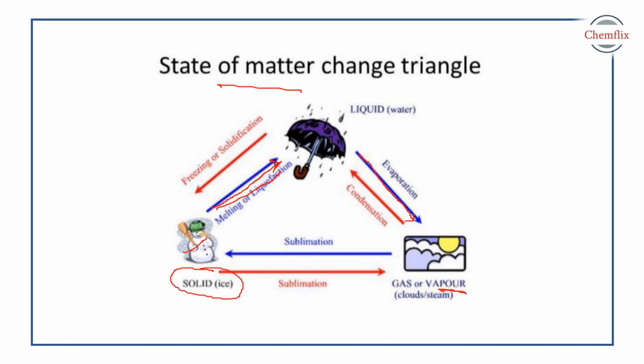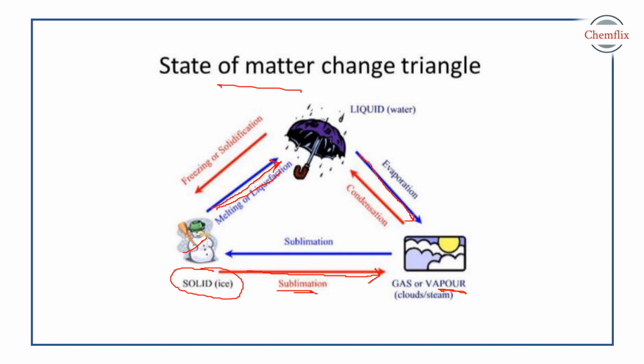Solid directly converting to gas is called sublimation. In reverse, water freezes to form ice, that is freezing or solidification, and vapor changes to water, which is called condensation.